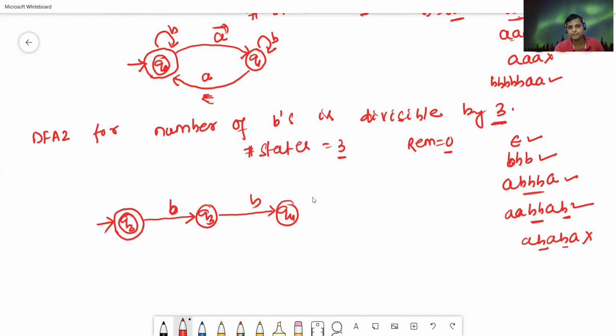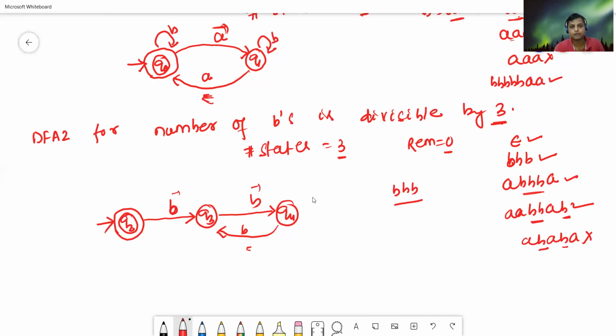If the third B goes to the Q3 state, but Q3 is a non-final state, then the 3 B's would be rejected.